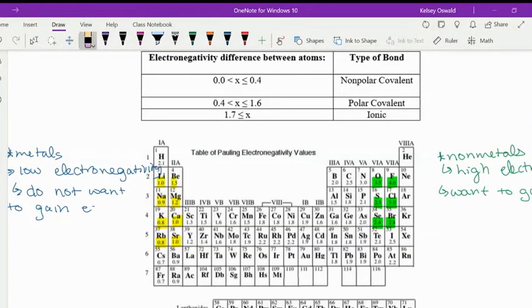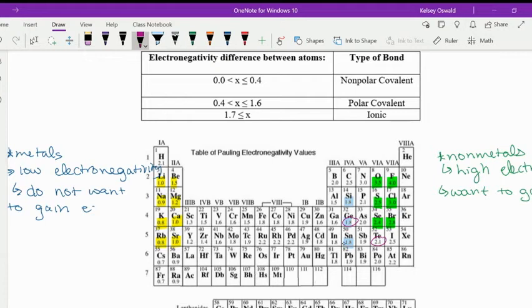But what do we do with elements that can form both positive or negative charges? Remember, carbon's column, group 4, these can all form positive and negative charges. So how will we know what type of bond they'll want to form in a compound? Let's say we look at germanium and tellurium.